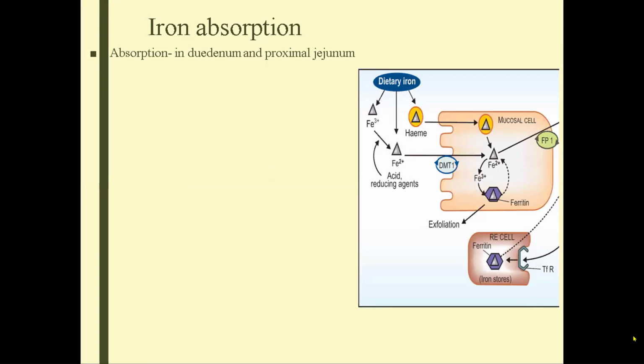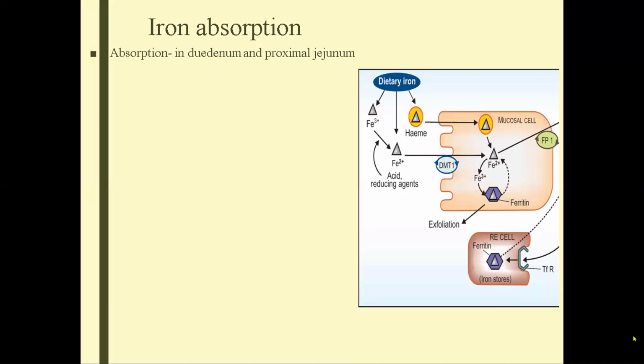So, pharmacokinetics of iron. Iron absorption, the major portion occurs in the duodenum, the initial part of the intestine, that is, the duodenum and proximal jejunum, right? The rest of the intestine, it depends.